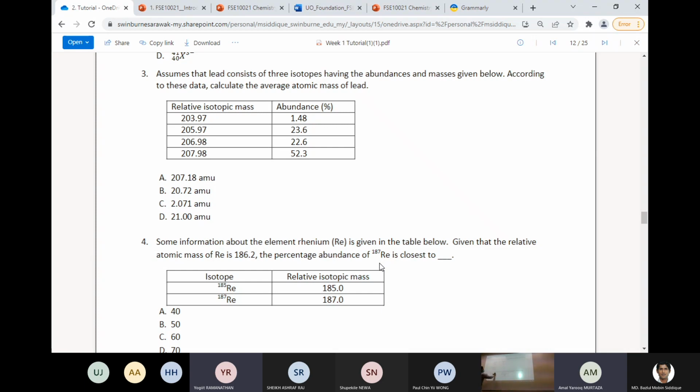Okay, some information about the element radium is given in the table below.